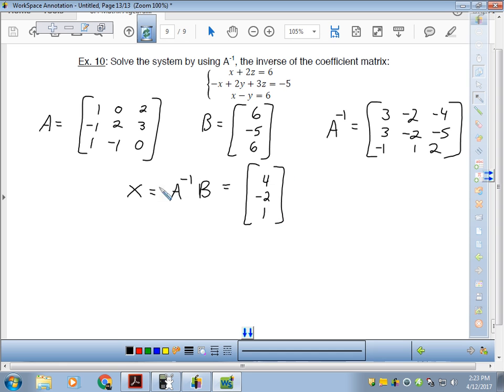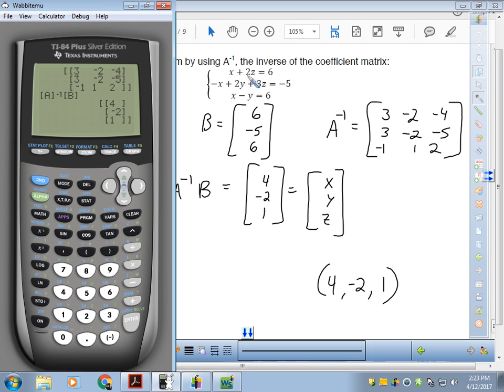Now remember, this is our X matrix, which is our matrix of our solution, X, Y, Z. So my solution should be 4, -2, 1. And we can check that. We can actually take these and plug them into the equation and see if it works. So 4 plus 2 times 1, that's 6. That matches that one, that's fine.